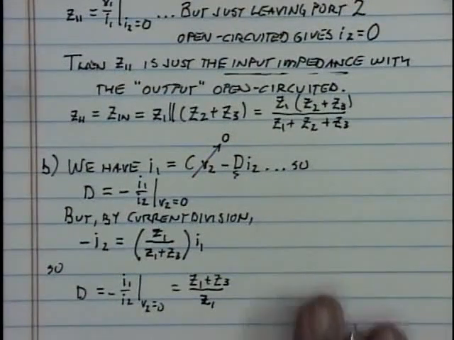The calculation that I've done for these two particular examples of Z11 and D are exactly the same sort of calculations that you do for any of the other of the total of 16 parameters involved in the low-frequency parameter sets.